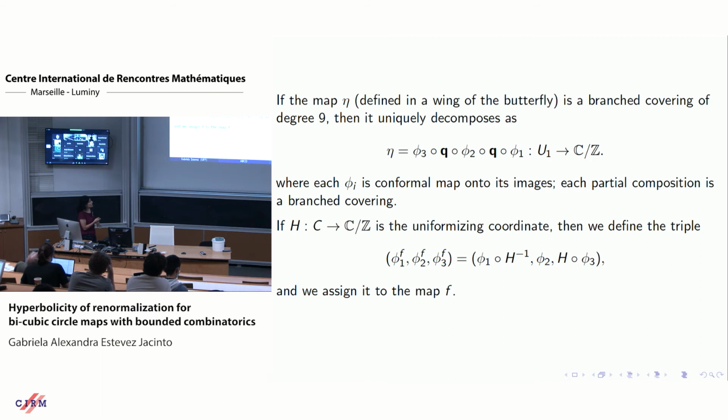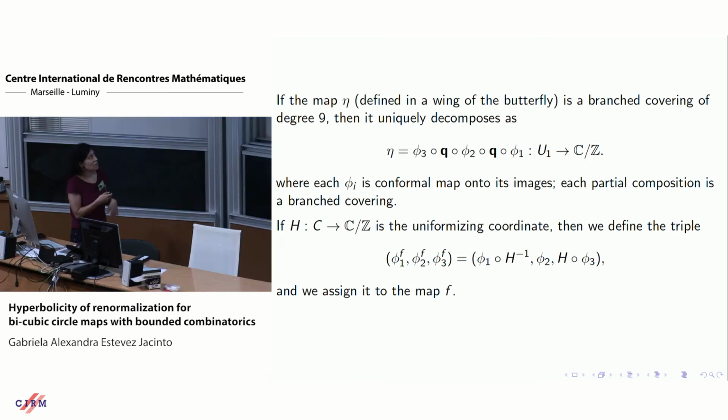This defines a triplet: Phi1, Phi2, and Phi3 of the map F, and this is how, for a given eta, we can associate the corresponding triplet. This is one-to-one, injective. So the space of circle maps can embed into the space of triplets. In the space of triplets we cannot see this collapsing, because even if it is cubic, we will have three components.